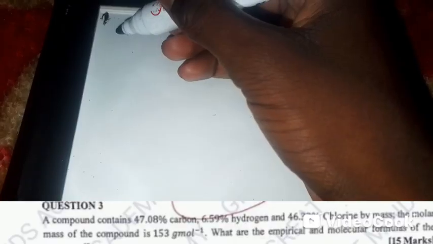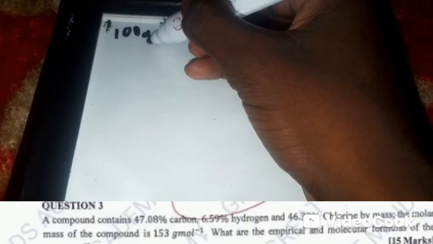Okay, let's start with the empirical formula. So one thing that we need to assume is that this substance is exactly 100 grams, or has a mass of 100 grams.